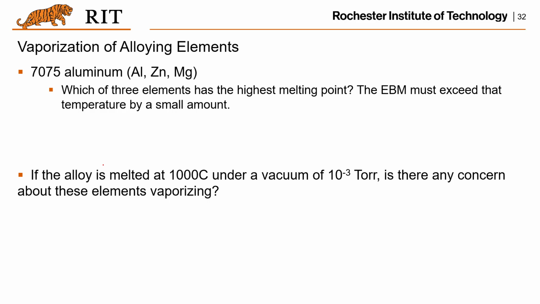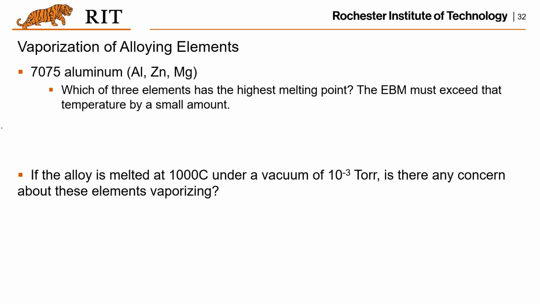So we have the 7075 aluminum, which is an alloy of aluminum, zinc, and magnesium. These are the three elements in this alloy.